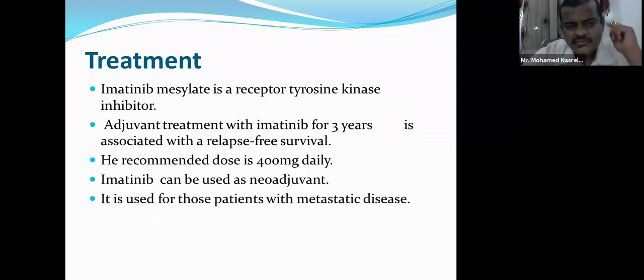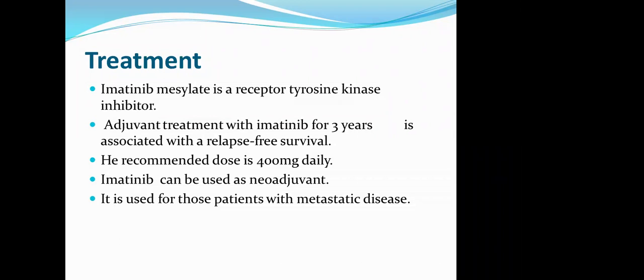All right, imatinib mesylate, which is a receptor tyrosine kinase inhibitor, is now widely used for treatment of gastrointestinal stromal tumors as an adjuvant treatment for 3 years after resection. It is known to be associated with relapse-free survival.